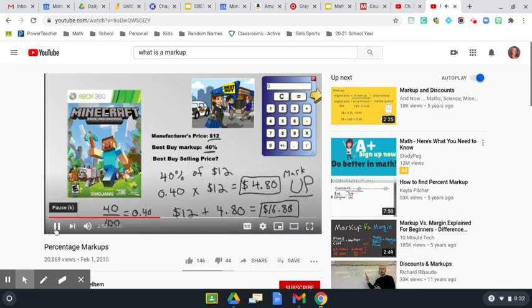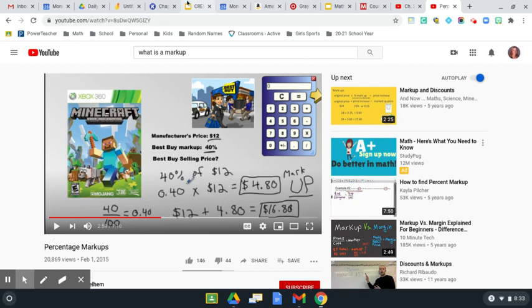Essentially what's happening here is you're going to see what Best Buy is going to sell it for on their sales floor, which is $16.80. Each time a customer buys one from Best Buy, Best Buy will earn a profit of $4.80. They're making $4.80 on the sale of a Minecraft game each time it's sold.